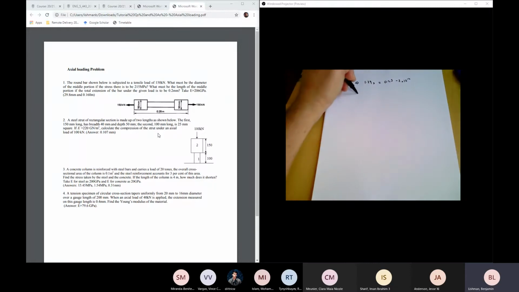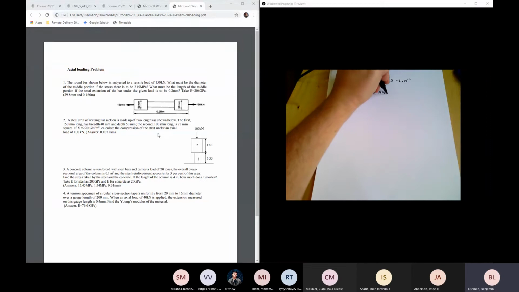And that's all in meters, and therefore x equals 0.194 meters, which is the wrong answer.